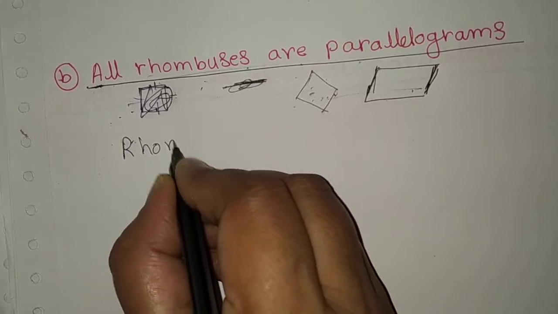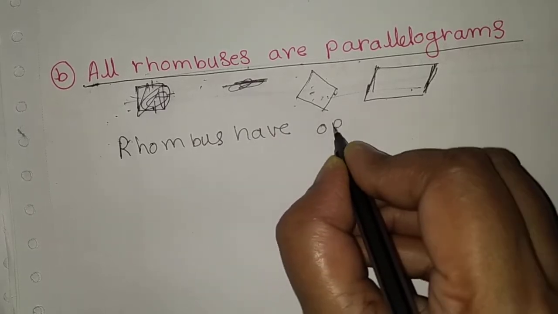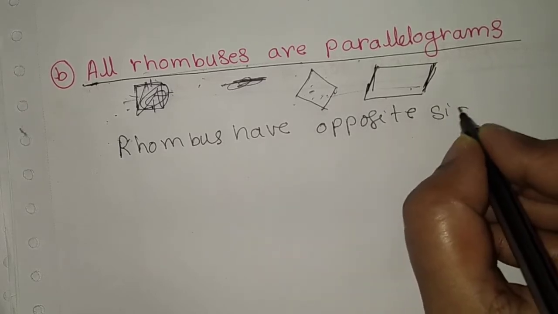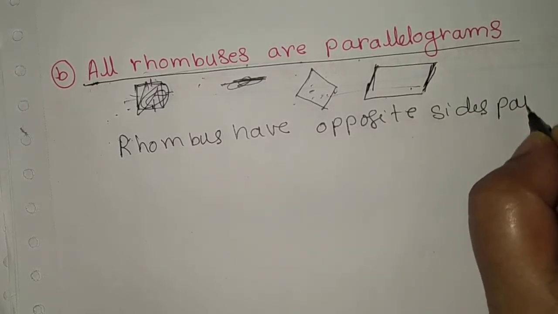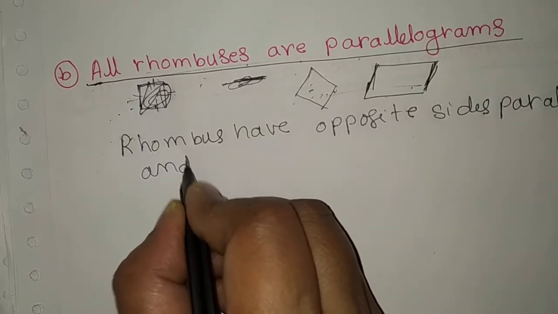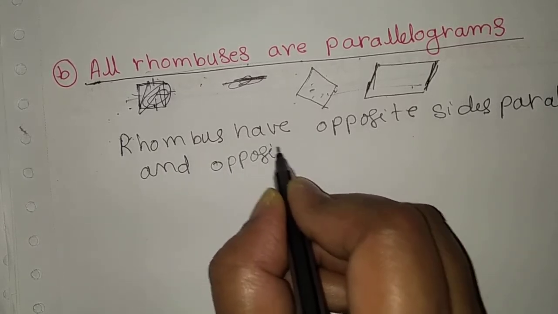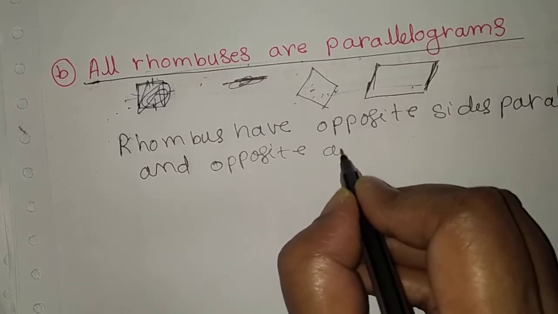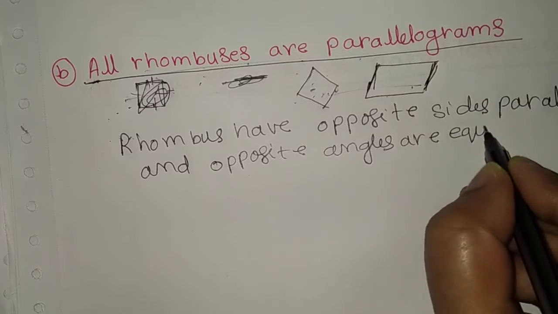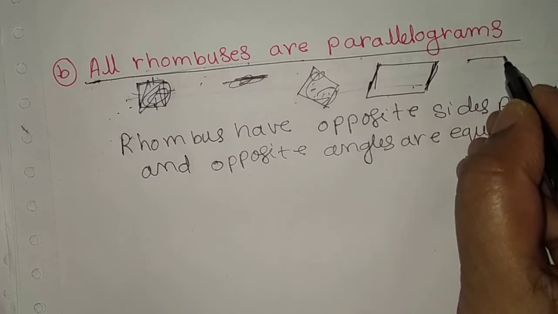A rhombus has opposite sides parallel and opposite angles are equal. We will take this for example.